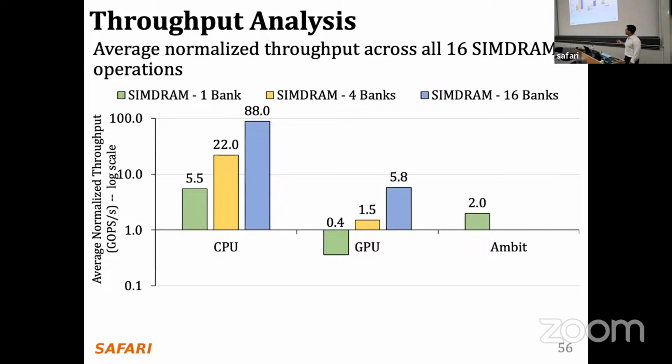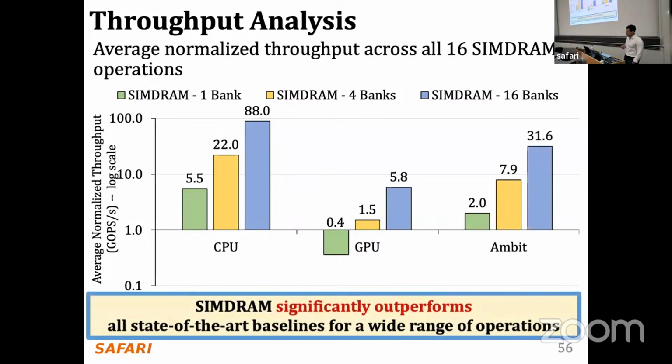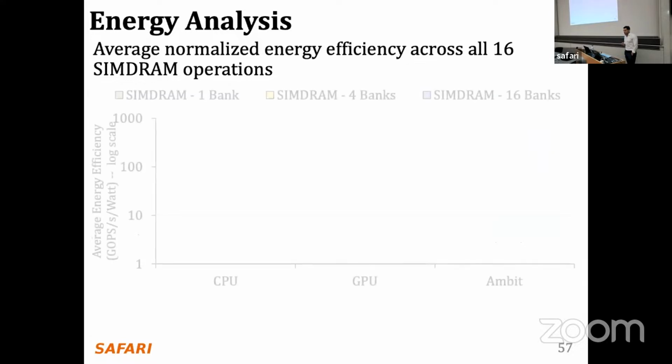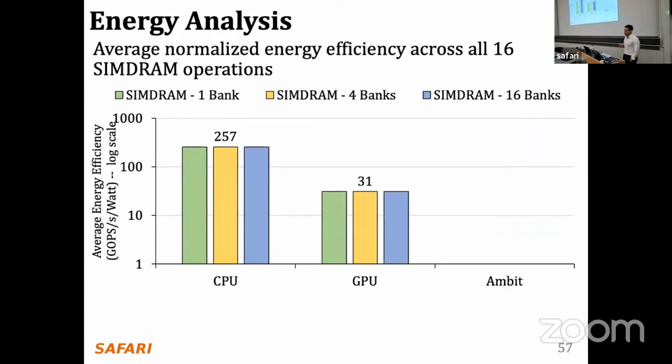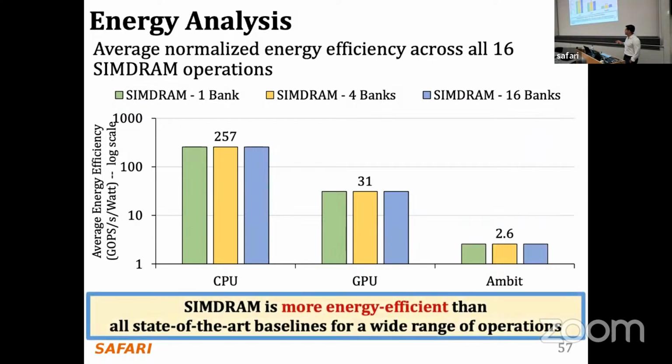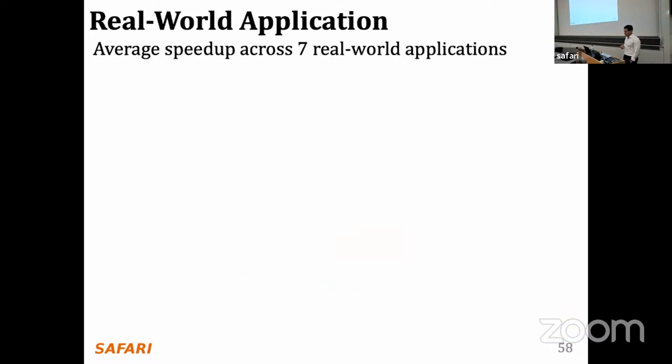And this is aggregated across all of those 16 different operations. And you also see that it can outperform the state-of-the-art processing-using-memory system at the time, Ambit, as well. In terms of energy efficiency, the results are much better. We see that for those 16 operations, SIMDRAM outperforms the three baseline systems for energy efficiency.